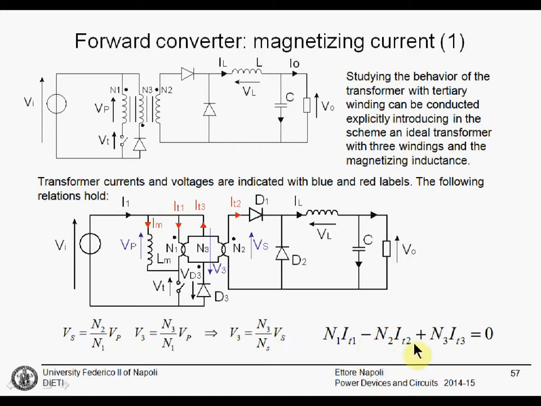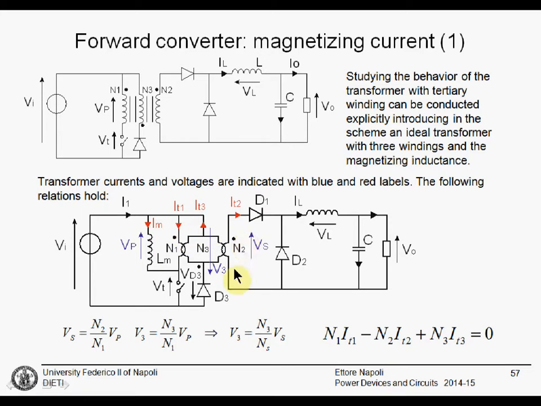For the currents, they respect this relation: N1 times IT1 minus N2 times IT2 plus N3 times IT3 is equal to 0. This is just the equation that derives from studying this ideal transformer.